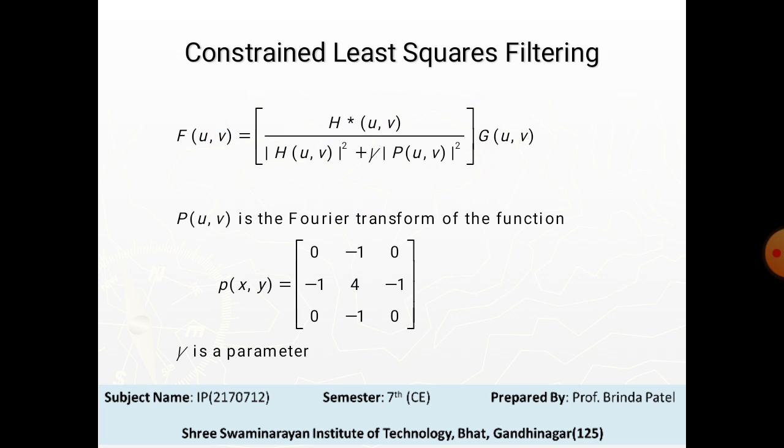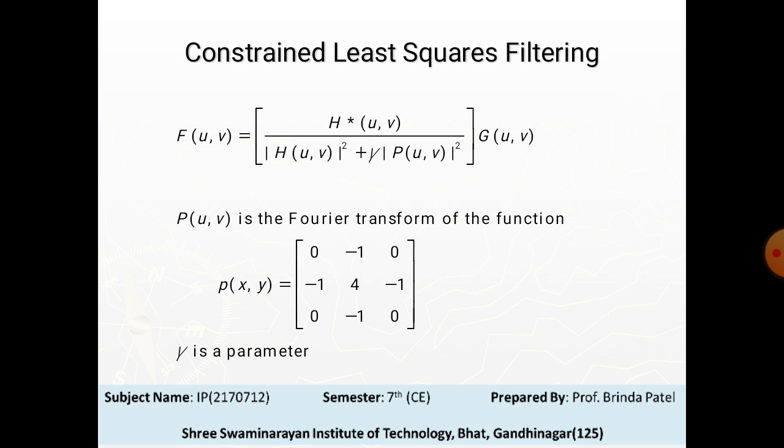Here gamma is a parameter that must be adjusted so that the constraint is satisfied, and P(u,v) is the Fourier transform of the function p(x,y), which is this matrix: 0 -1 0, -1 4 -1, and 0 -1 0. We recognize this function as a Laplacian operator, right?